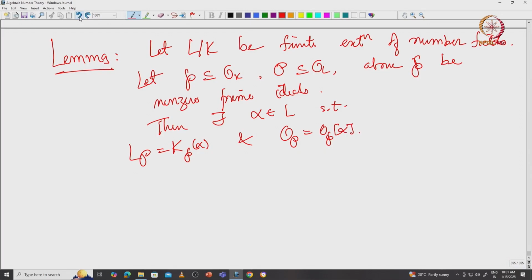The first one, of course, just comes from the primitive element theorem, so that is not such an interesting situation. I do not think we use the primitive element theorem here. We will directly prove the second part, that O_P is O_p[alpha], and that will of course give us the statements about fields also.